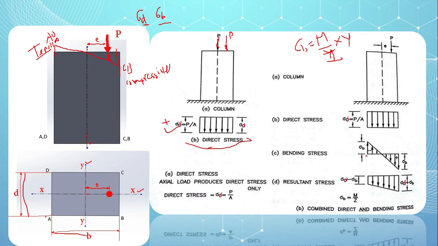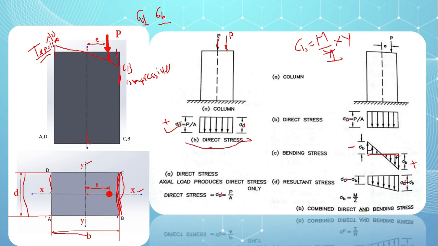So we can draw this stress distribution diagram. Here sigma b is compressive, as this face gets compressed, and as this face is subjected to tension, here will be tensile. Tensile we will consider as minus and compressive as plus, and this extreme fiber, this CB, will be subjected to maximum bending stress.